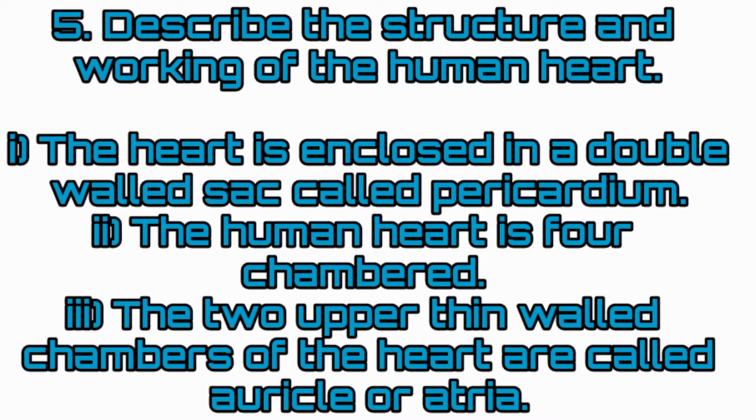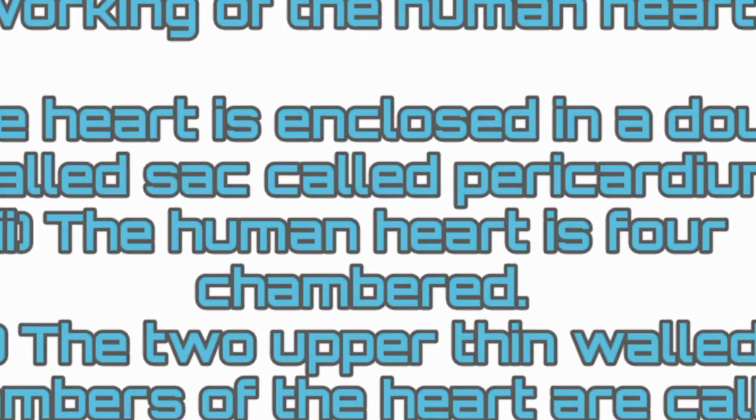Describe the structure and working of the human heart. The heart is enclosed in a double-walled sac called pericardium. The human heart is four-chambered. The two upper thin-walled chambers of the heart are called auricles or atria.